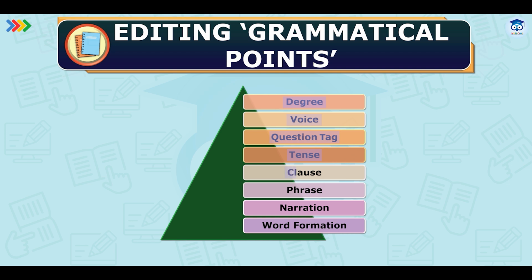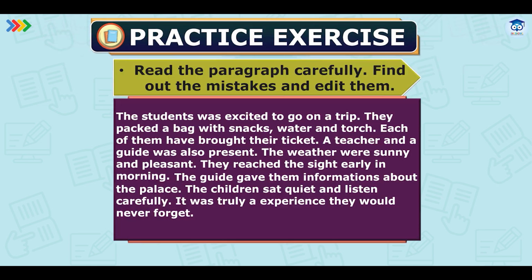Watch how you use clauses and phrases to make sentences smooth and clear. And be careful with narration style when reporting speech. Lastly, proper word formation helps you use the right forms of words to express your ideas effectively. Reviewing these points during editing ensures your writing is accurate, clear, and easy to understand.